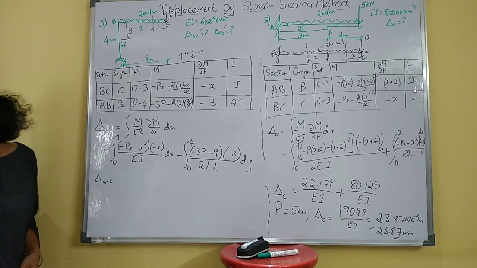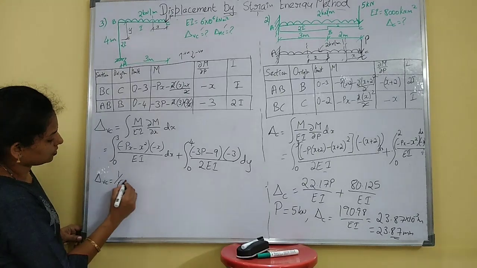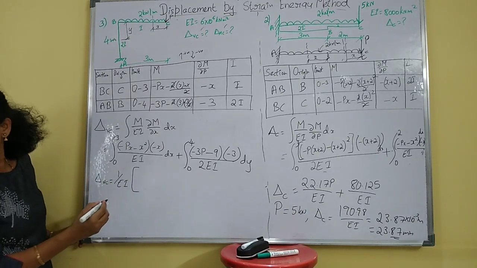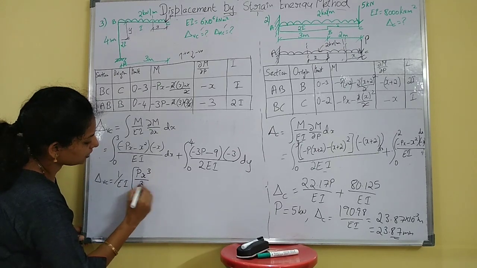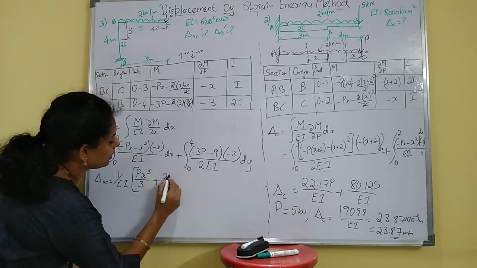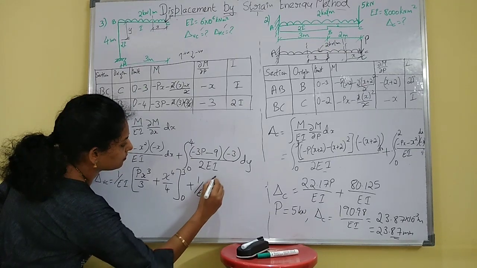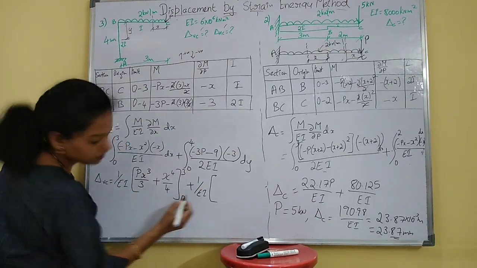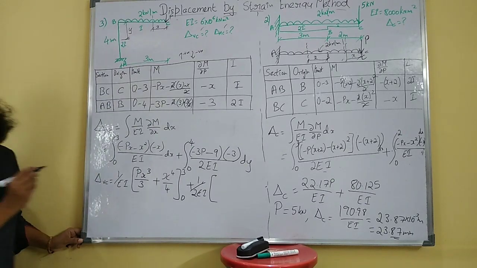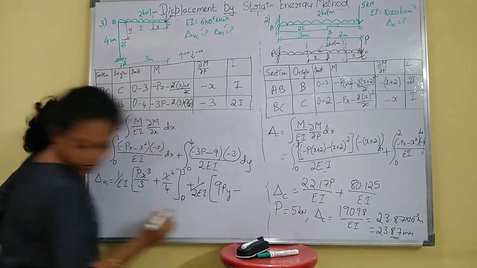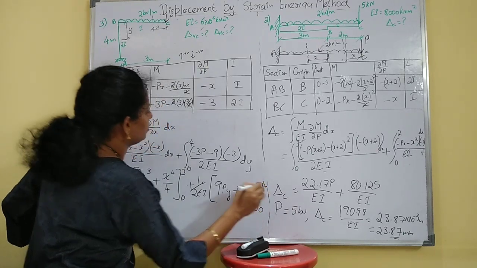So after simplification, you have 1 by EI, Px cube by 3 plus x4 by 4, limit 0 to 3, then 1 by 2EI, 9Py plus 27y, limit 0 to 4.